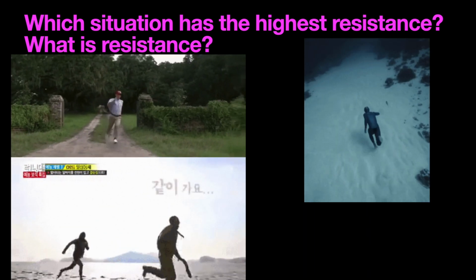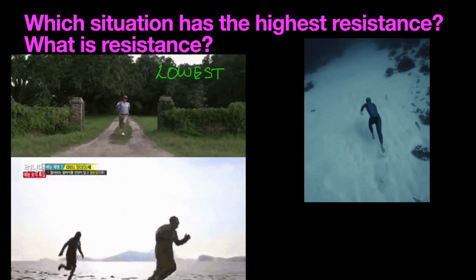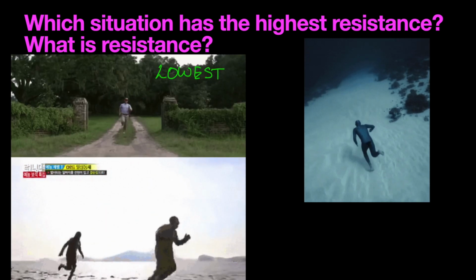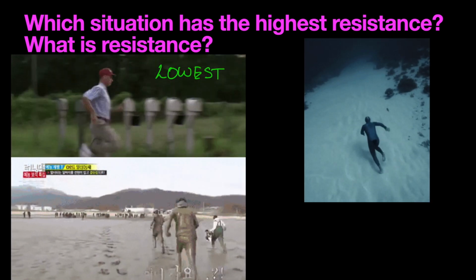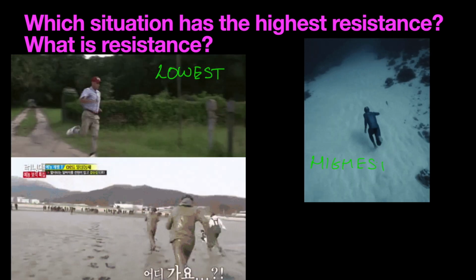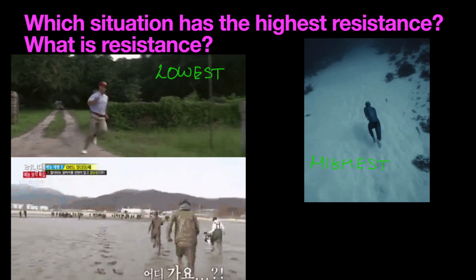So, this right here has the lowest resistance because it's relatively easy to run on the road. And this would have the highest resistance because you would find it extremely difficult to run underwater.